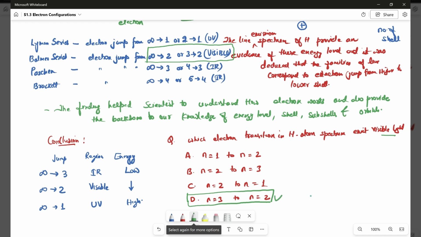Emission in the visible region occurs from an electron jumping from any higher level to level 2. The others are not possible because the electron is not coming back, it's going to the next level. Again, this is not right. So this is correct, right?